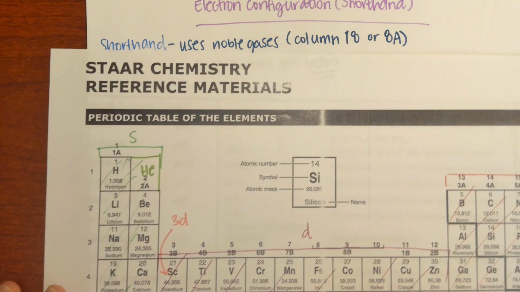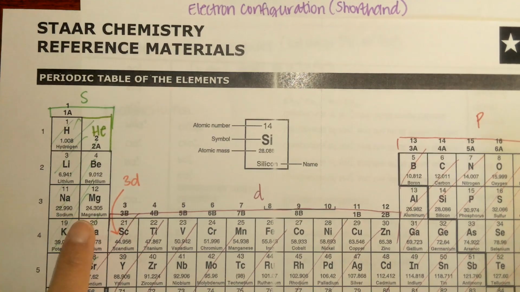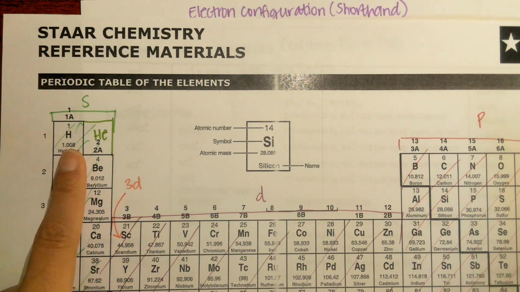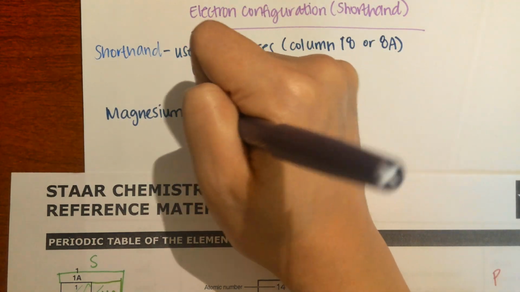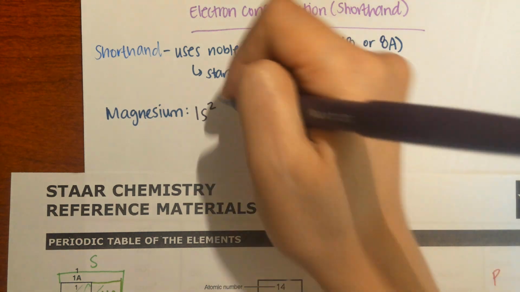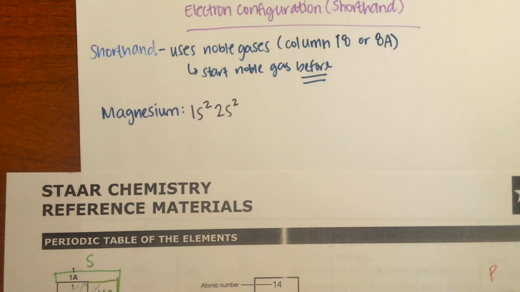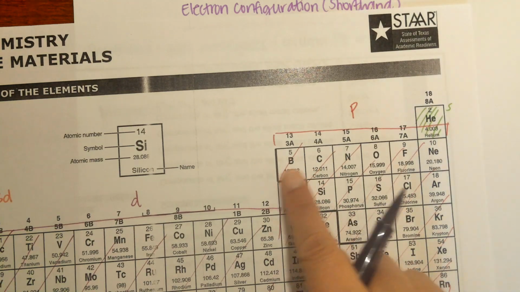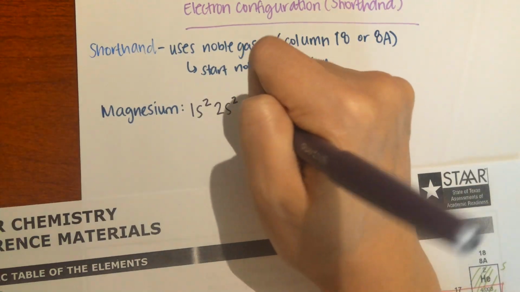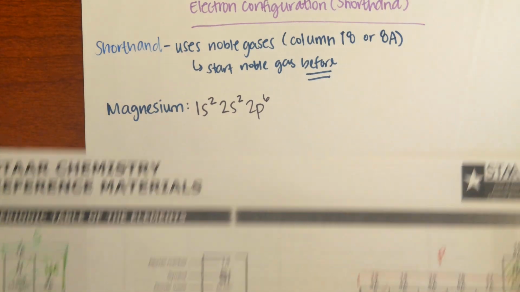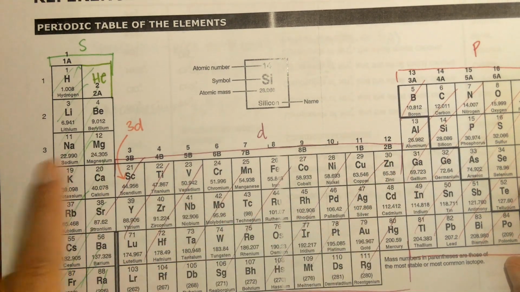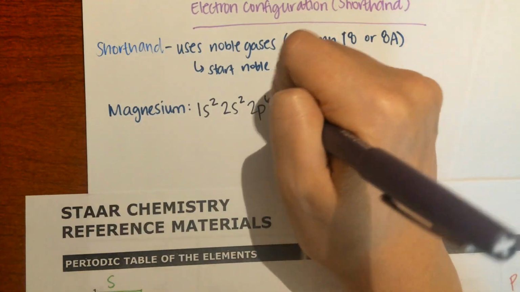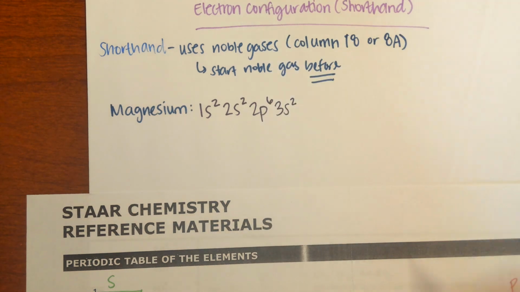Again, from the last video, for the longhand I start from the beginning and fill in electrons row by row: always starting with 1s2, then 2s2, then 2p6, and that was the second row. Now the third row, 3s2. I'm going to stop right there because I want magnesium. So this is the longhand.